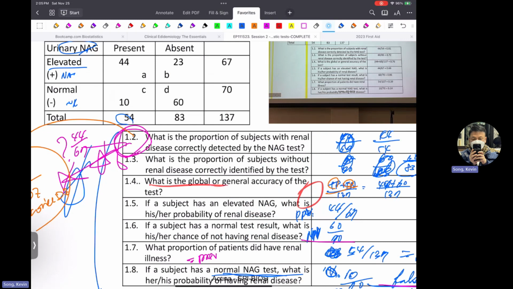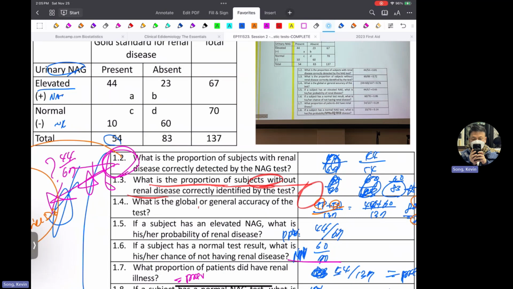All right, what's the global or general accuracy of the test? This is not really sensitivity or specificity. So what does accuracy mean? Accuracy means that there's a target, you aim for the target, and it is near the correct target.